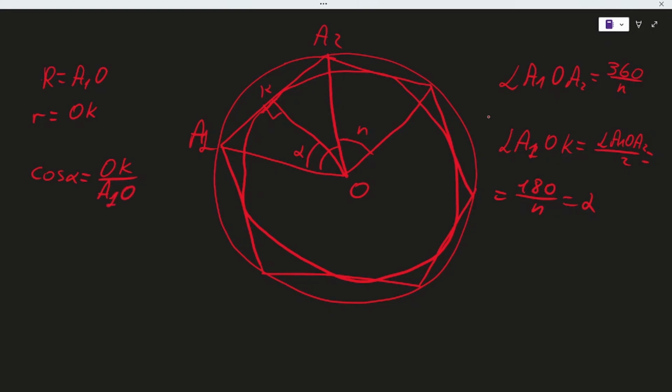So if you want to find the relation between them, we just need to find angle alpha, which will be cosine of 180 over n. In most cases, n will be 6 or 4 or something similar. It's less likely that we will need to compute some ugly cosines because they are very hard to compute. Based on this, we will easily find the relation between inradius and circumradius.